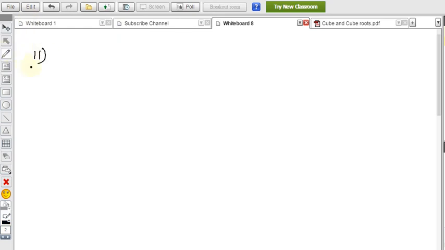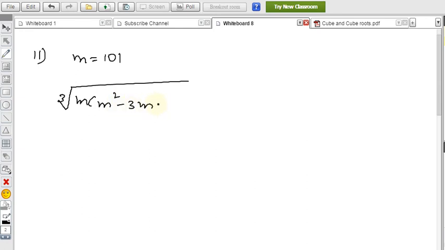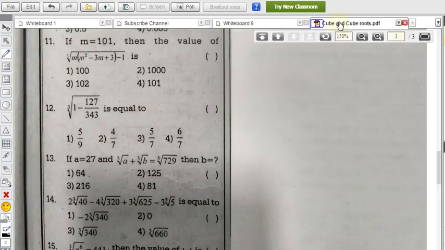The question: if m is given as 101, then find the value of cube root of m into m square minus 3m plus 3 and minus 1. Yeah, same question, right? Then what is the value of this?